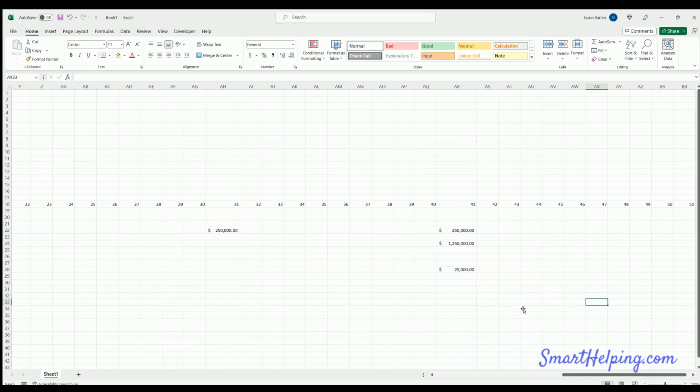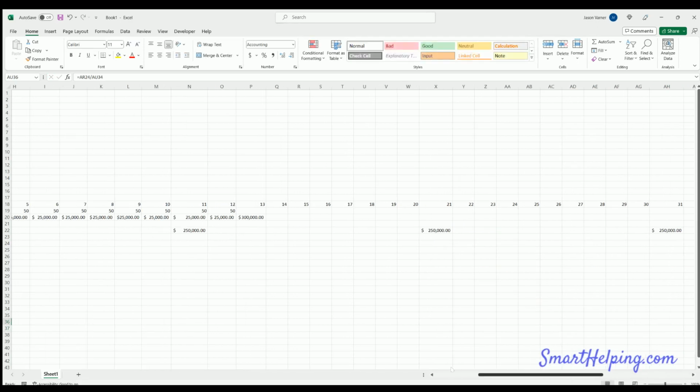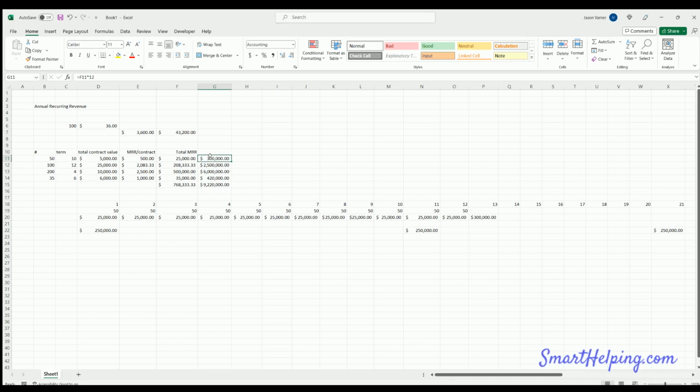Well, 50 months. You could divide 50 by 12. That's 4.1 years. If you go ahead and multiply this, or you take this total divided by the year, 300,000. Look at that. And where do we see that? 300,000 right here. So there you go. We got ARR of contracts with different terms.